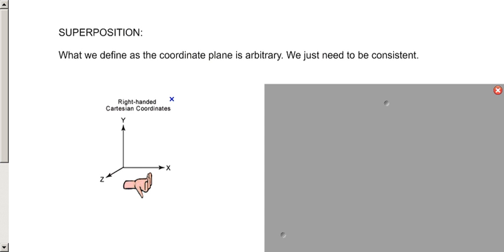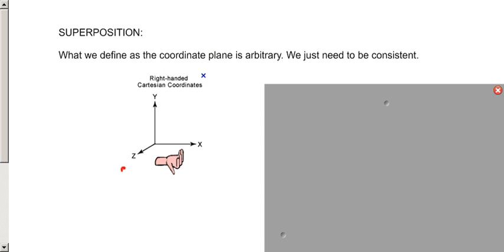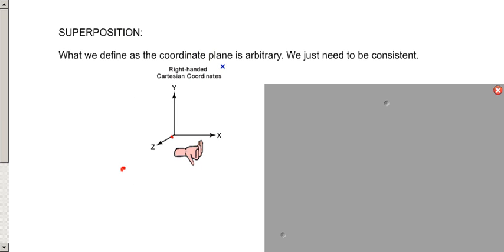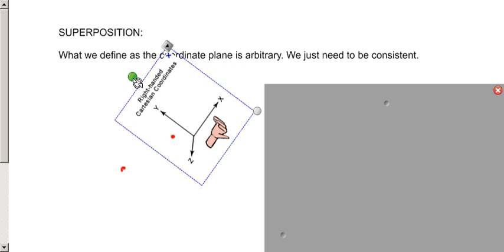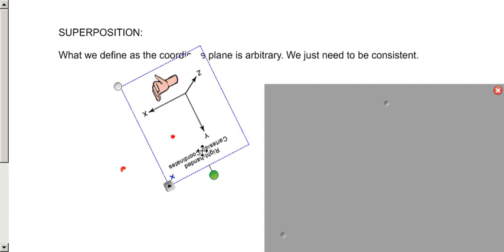So I could have the coordinate plane where it is now, or I could move the coordinate plane over here where this is the origin, and then we could even flip the coordinate plane, move it in this direction, and define the coordinate plane to look like that, or this, or anything of the sort.